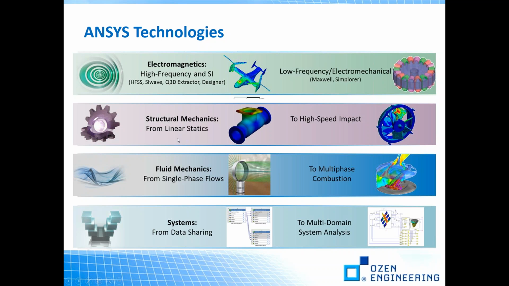It also covers structural mechanics from linear static to high speed impacts, fluid mechanics from single phase flows to multi-phase combustion, and also full system analysis. But today I'm going to focus on a low frequency product for electromechanical applications like electric machine designs.